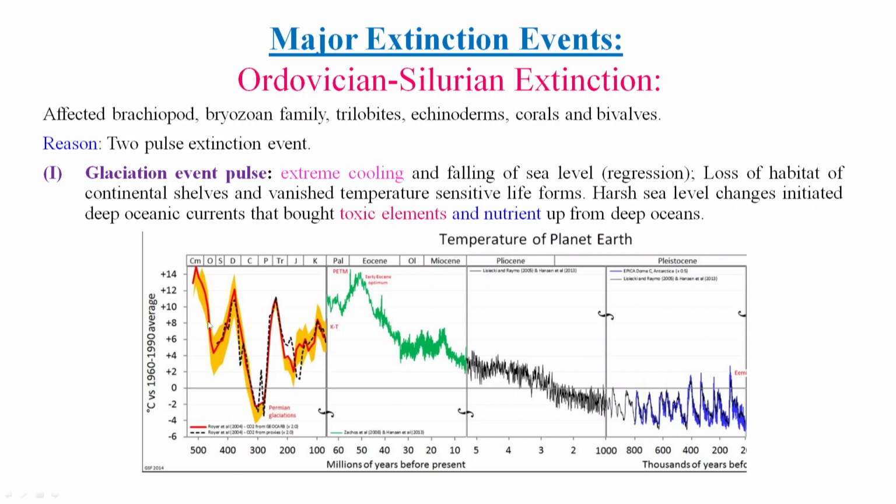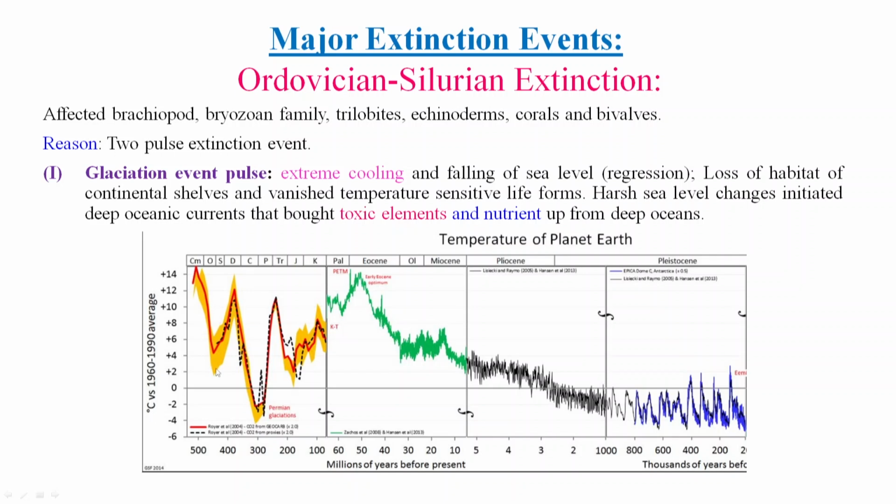So you can look at this graph as well, and you can see how temperature has been changing for the last 500 million years. This is again in the Pleistocene and finally into the present Anthropocene period to be specific.